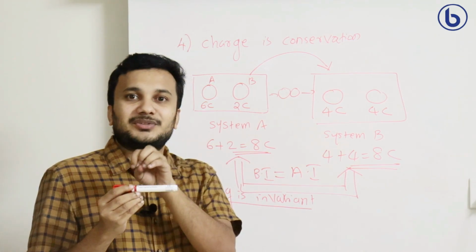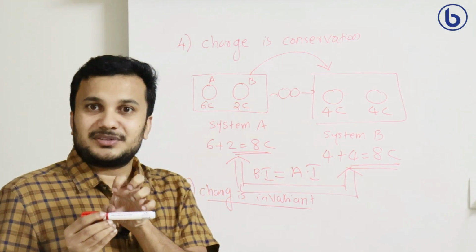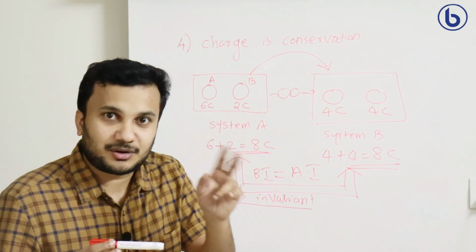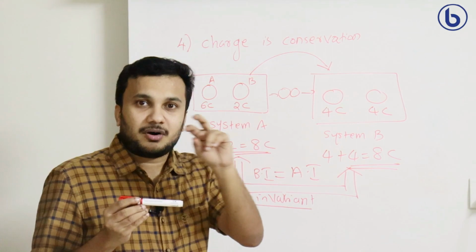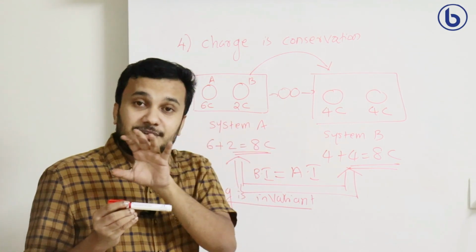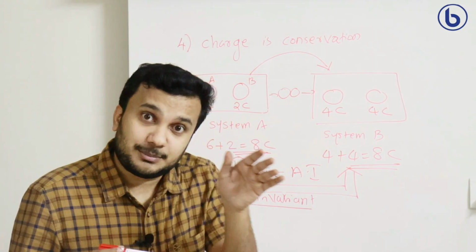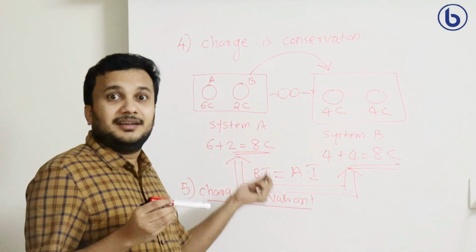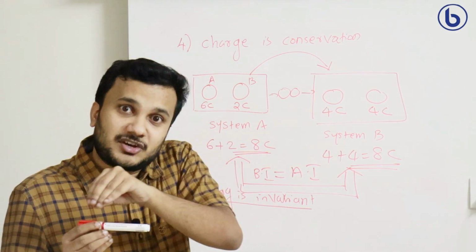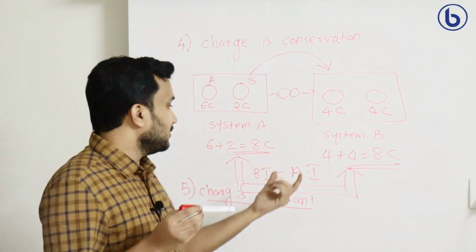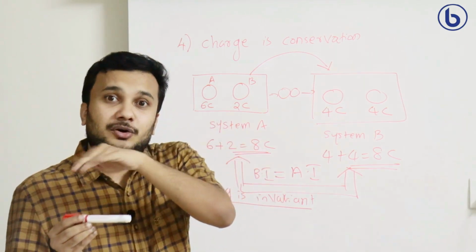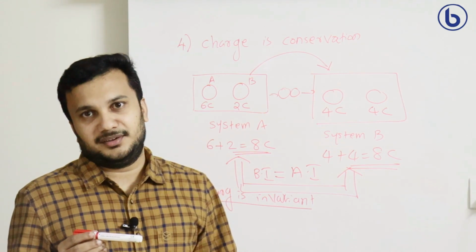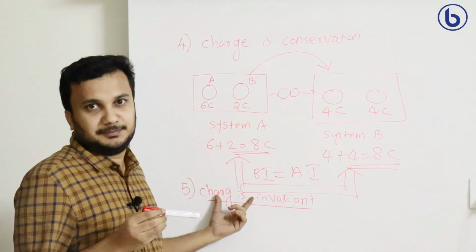So whatever happens to the system, irrespective of the velocity, whether it is time varying, which means it is not constant and keeps on changing, if the velocity or the speed keeps on changing, then also charge is invariant. In the other case, if the velocity of the charges is constant, then also charge is invariant. If the charges are not moving at all, then also charge is invariant. So this is the fifth property.